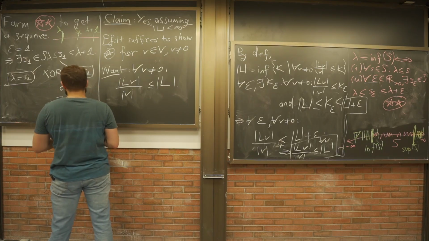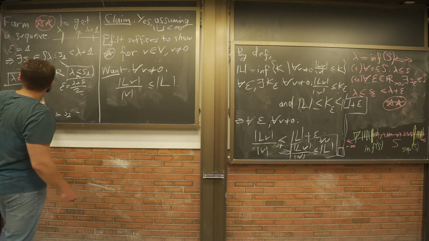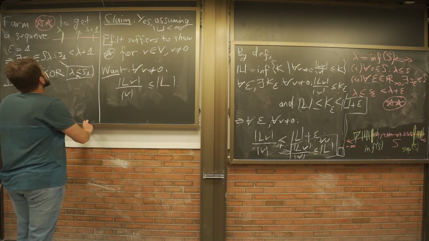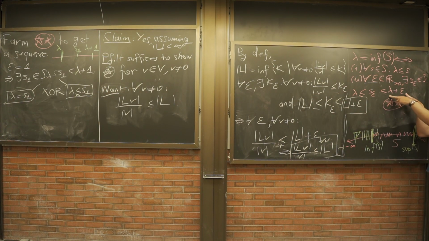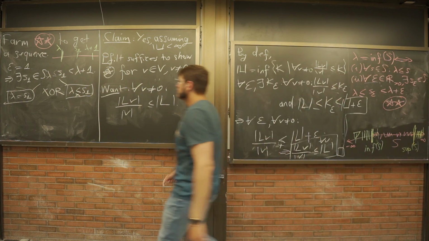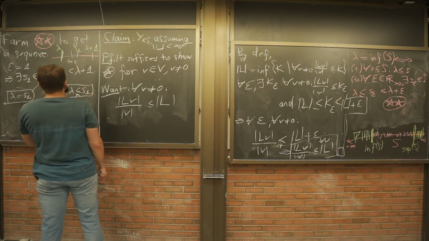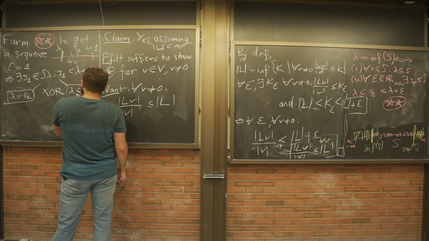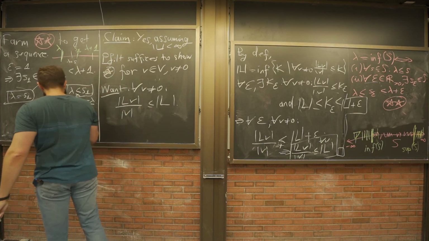So let's be a little bit more specific here. What I'm trying to do is choose my epsilon in such a way that lambda plus epsilon is strictly less than S1. Which means that I need to choose epsilon to be less than this, actually. So let's choose epsilon to be this, divided by 2. Okay, now it works.